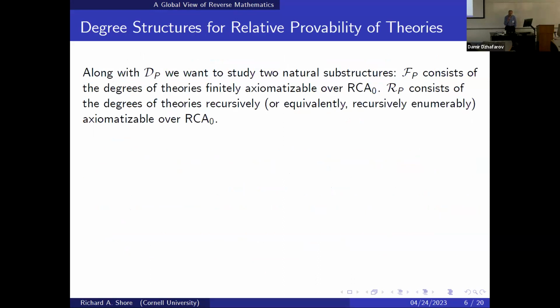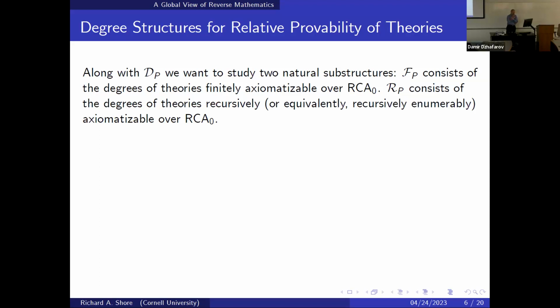So let's head on to the results. So DP is the structure of the equivalence classes of theories under equal provability, degrees of provability. And as in the Turing degrees, there are natural subclasses, so the RE degrees, the degrees below the jump, the halting problem, the arithmetic degrees.